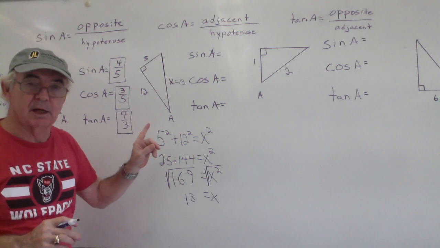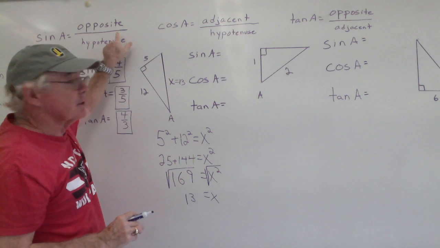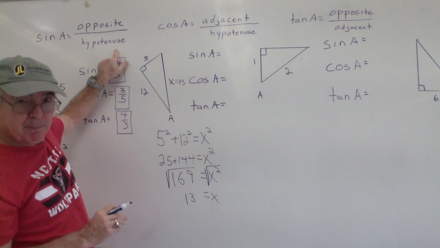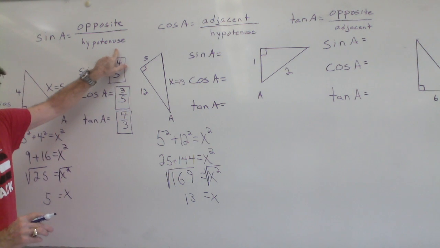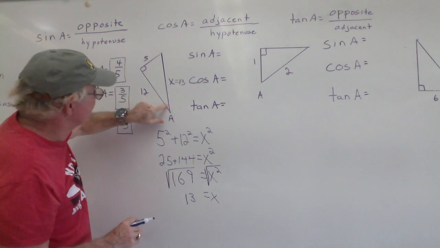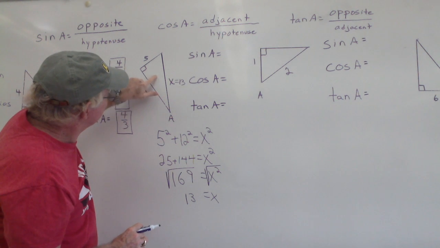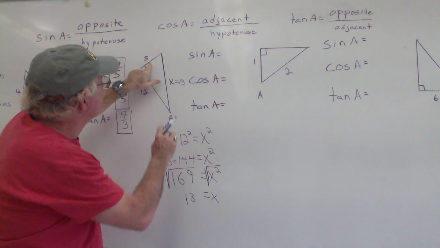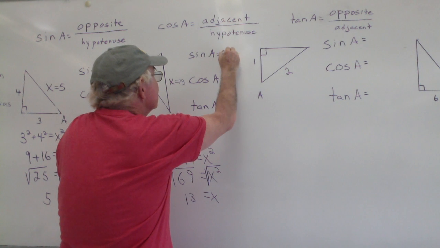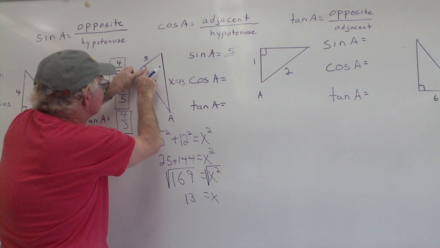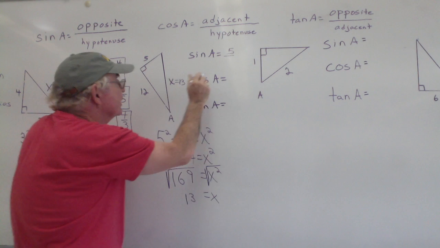So the sine, again, is the opposite over the hypotenuse. The opposite of A is 5. And the hypotenuse is always across from the right angle, 13.